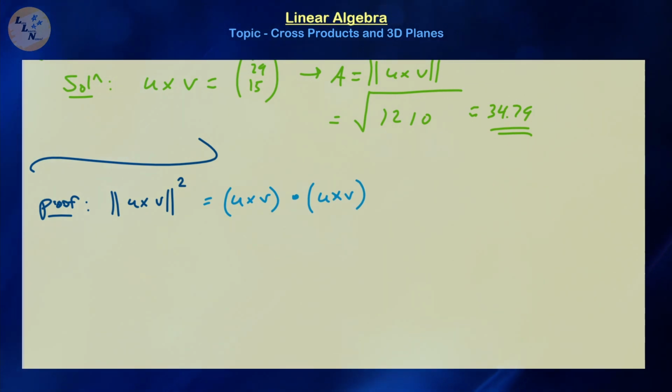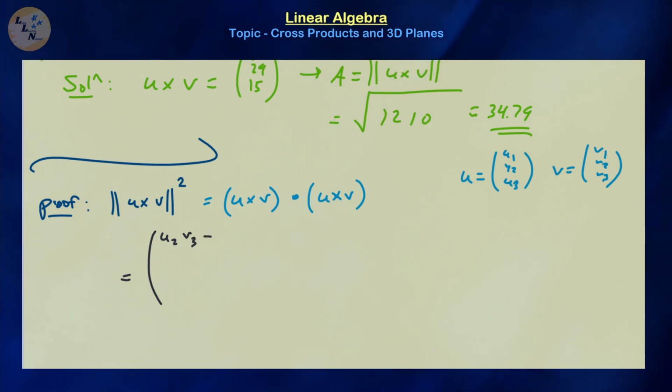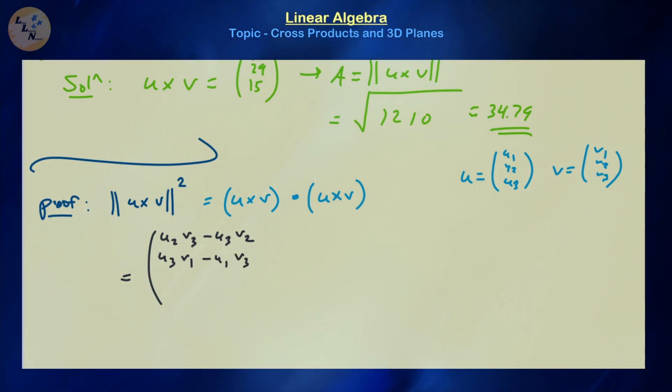If we look at these vectors u and v in component form, u1, u2, u3, and similarly v1, v2, v3, when you do the cross product between u and v, you actually get a nice little symmetry property here. You should be able to show that u cross v is going to be u2 v3 minus u3 v2, u3 v1 minus u1 v3, so it's backwards of the typical orientation.